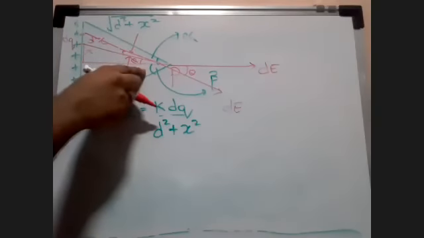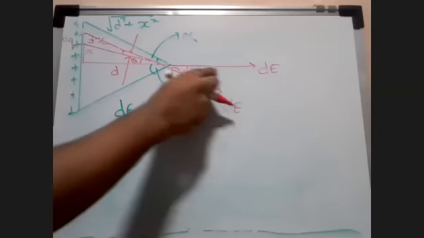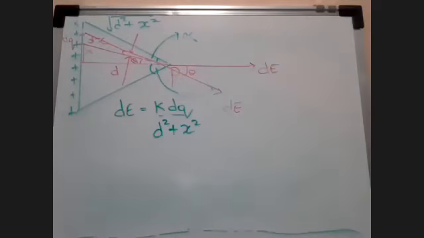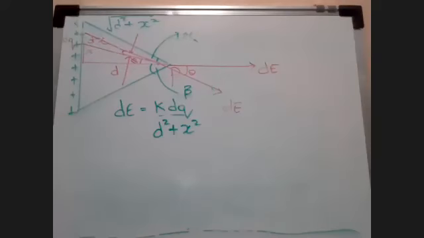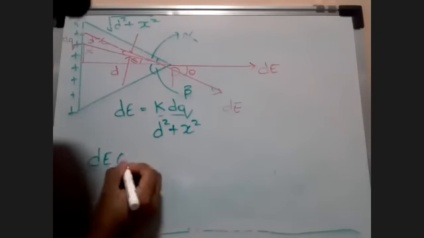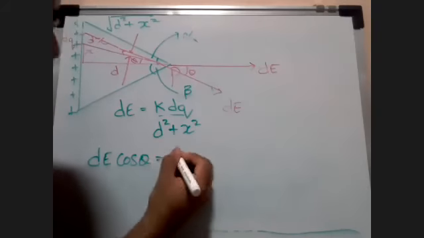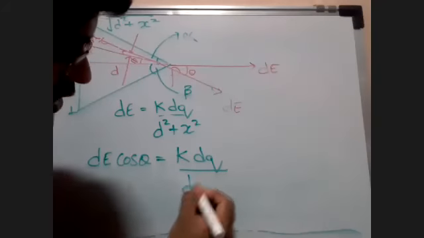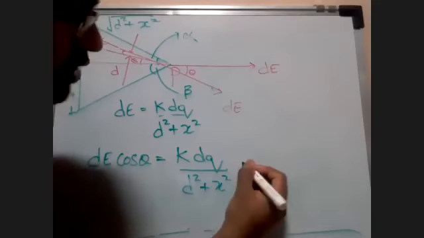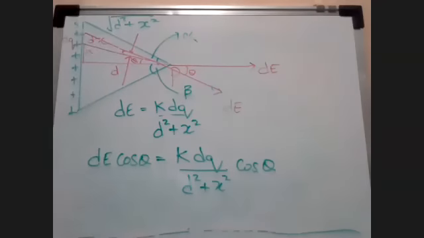So dE cos theta will be equal to K dq upon d square plus x square, cos theta.